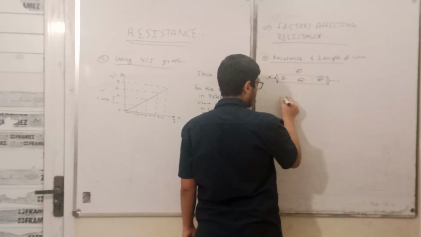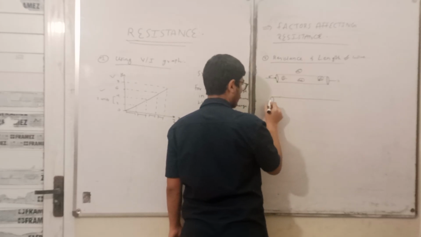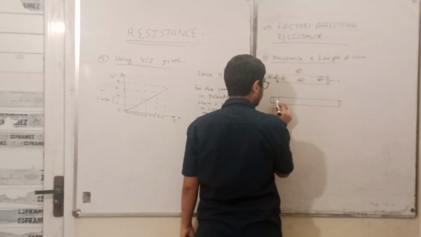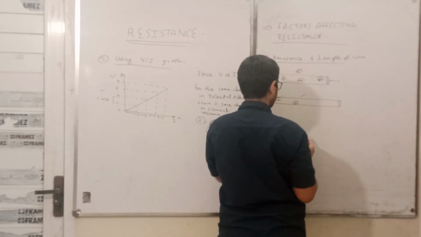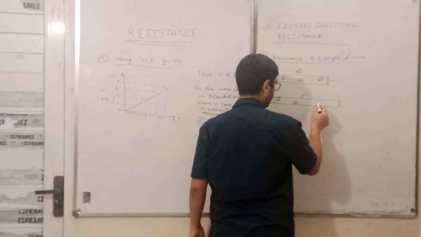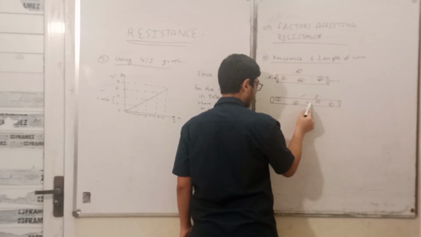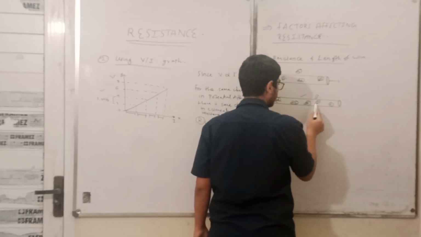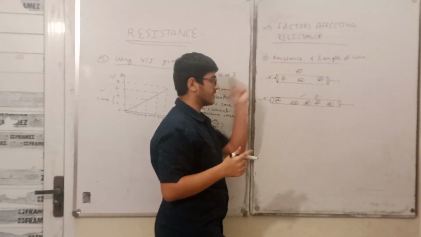But when I increase the length, the number of positive ions increases due to the increase in length and consequently the increase in mass of metal conductor, and an electron passes through it. It will collide with more particles and will face more hindrance, which is termed as resistance.